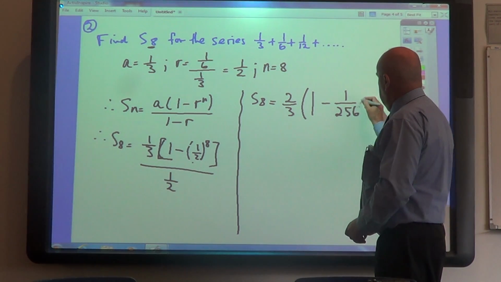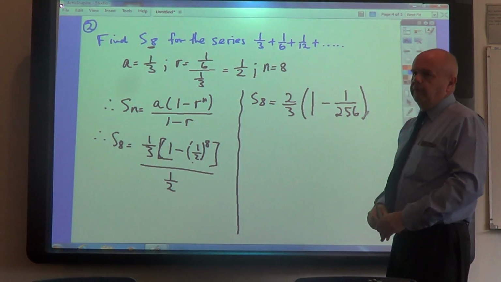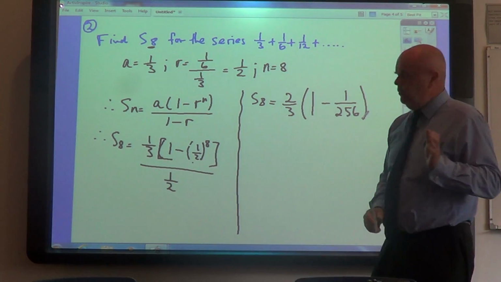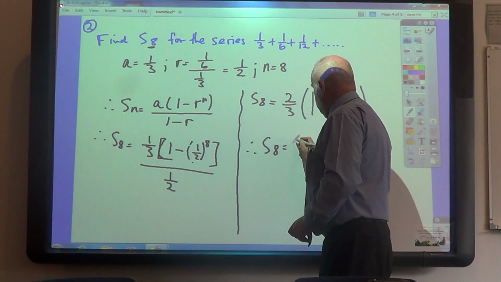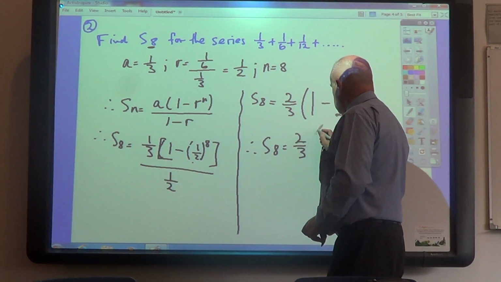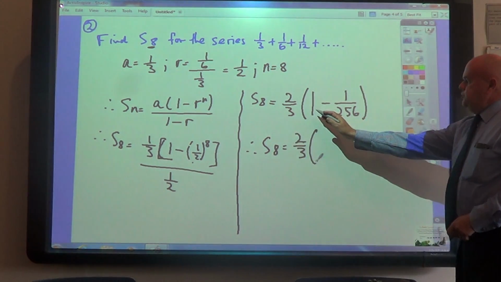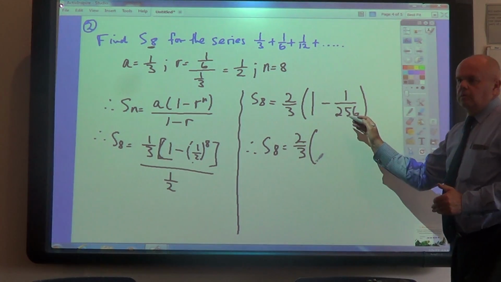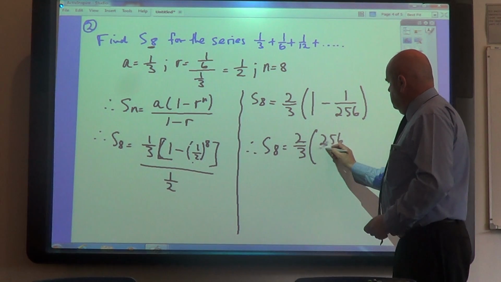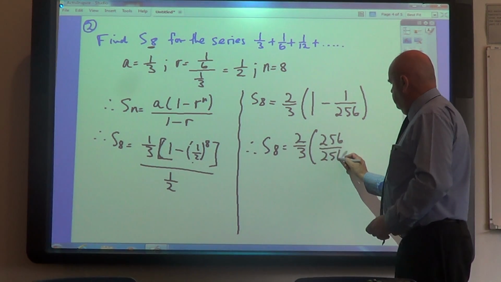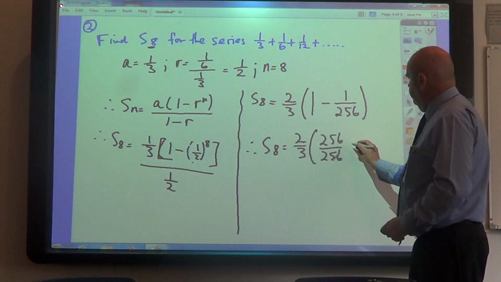Okay? Now, yes, sure, you could go to your calculator and evaluate that, but let's use a bit of common sense before we use our calculator. And let's say S8 is equal to 2/3. I want to express this in terms of 256. Okay, so 1 can be written as that, can't it? Anything divided by itself is equal to 1.